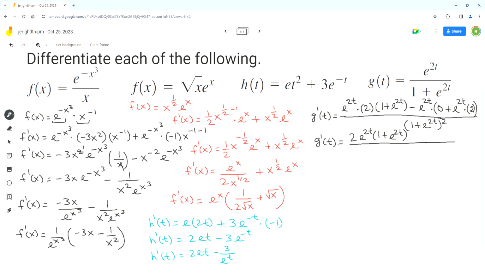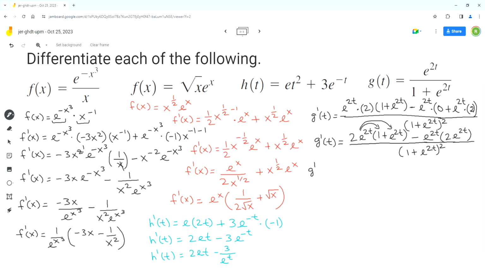And in the second part, in the parentheses 0 goes away, so we have just minus e to the power 2t times 2e to the power 2t, over 1 plus e to the power 2t squared. Now we can distribute 2e to the power 2t into the parentheses. So we can multiply both terms by 2 times e to the power 2t.